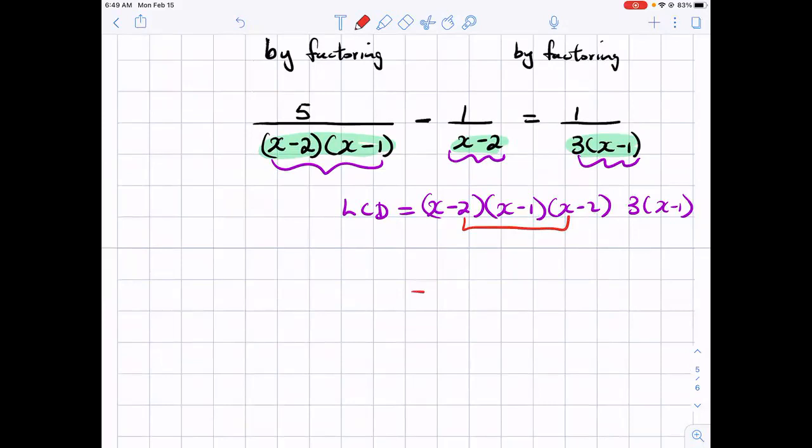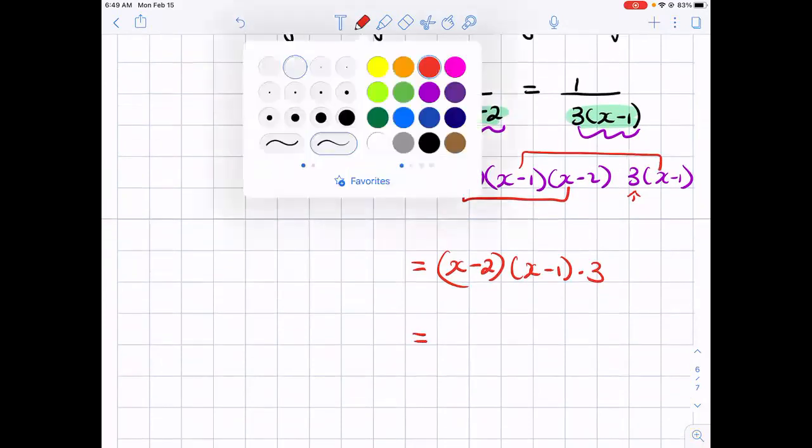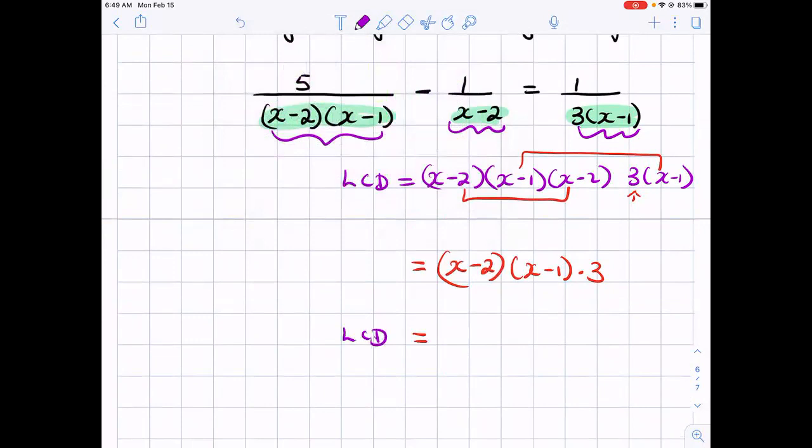So we have x minus 2, an x minus 1 repeated also, and then a 3. So finally, the lowest common denominator is 3 times x minus 2 times x minus 1. This here is just a common denominator, but not the lowest.